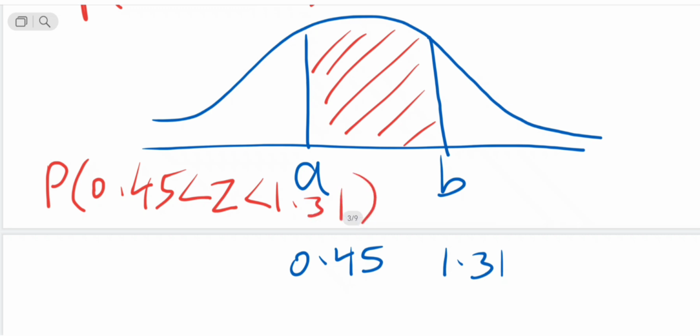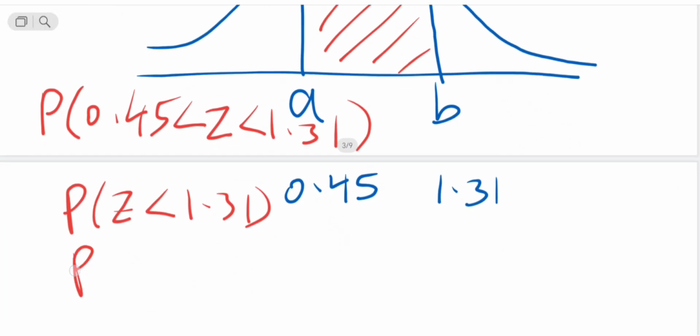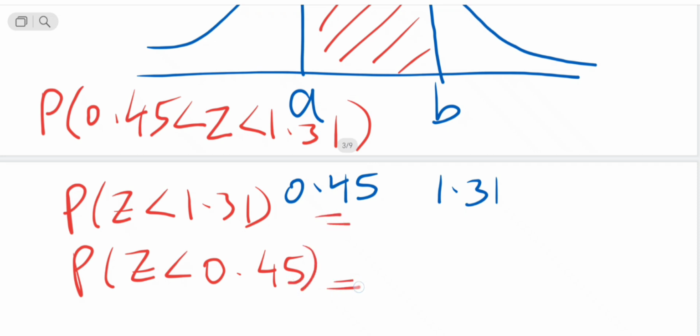The first thing you will do is find the probability of z less than 1.31, and you will find the probability of z less than 0.45. It is greater here, but you will find the less, whatever the value you get here.